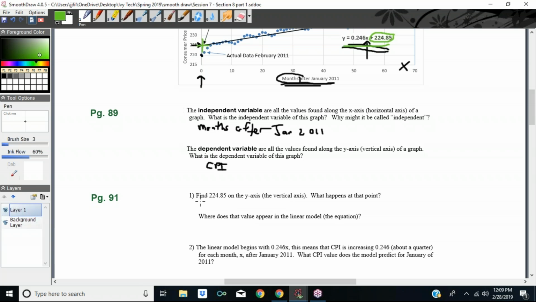What happens there? That's where the trend line starts. So it's the starting point, and the value appears at the end of that linear model. Those are important ideas. You'll see that as we go along.